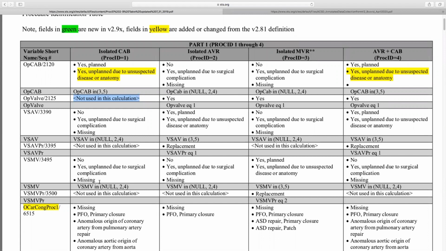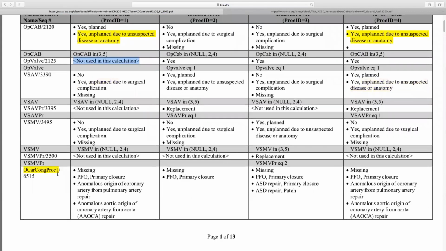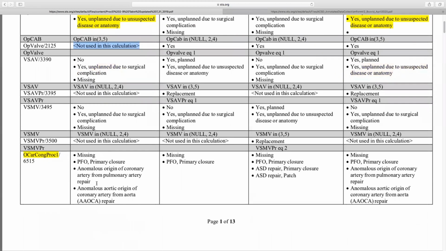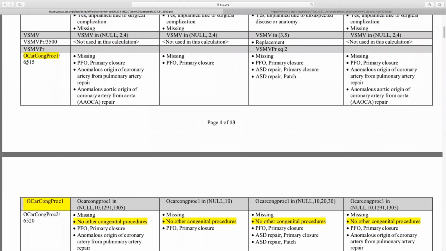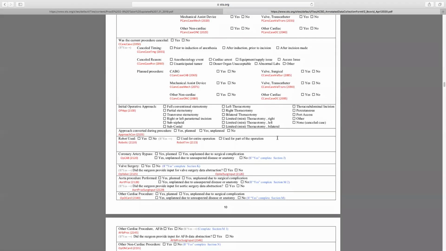Same thing for mitral valve. And then we get down to the congenital procedures. These are what keep it in the isolated CABG case. If anything other is selected, so let's look at 6515.